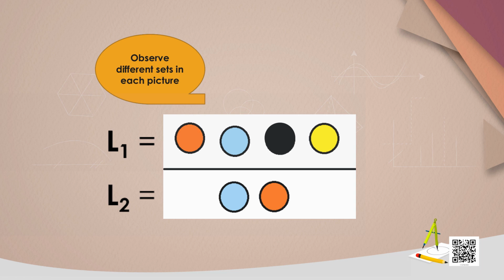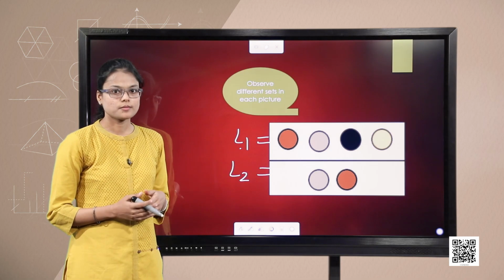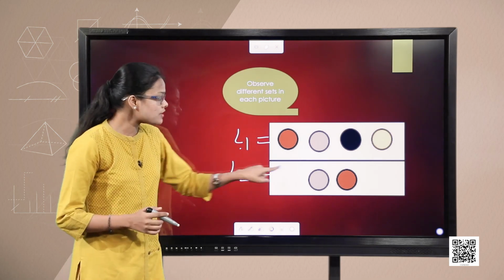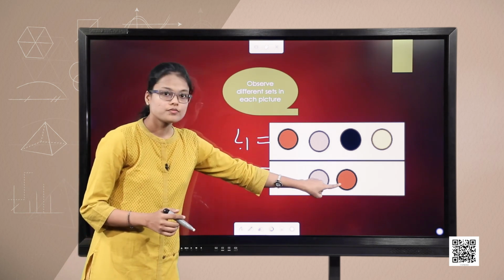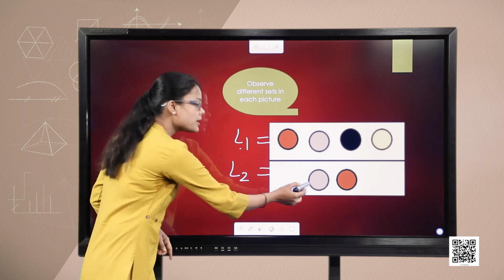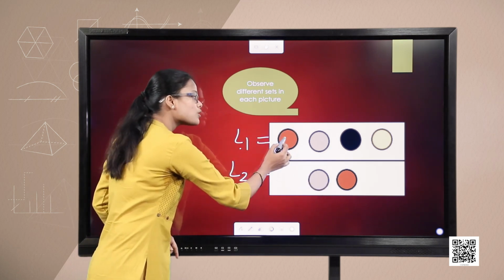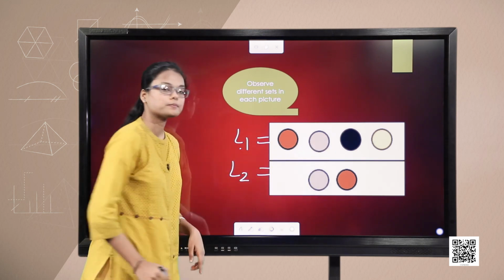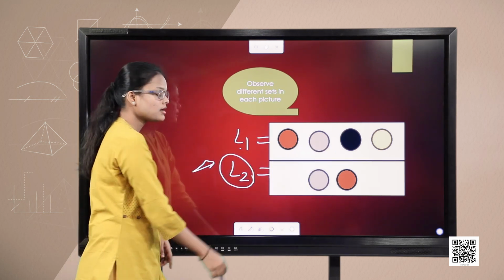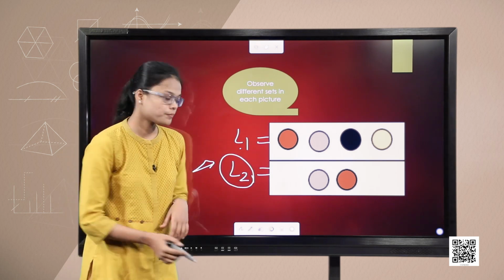Can you find any relation between the two? Yes, you may find that each and every element of L2 is there in L1. That is, every member of L2 is also a member of L1. Such sets are said to be subsets.